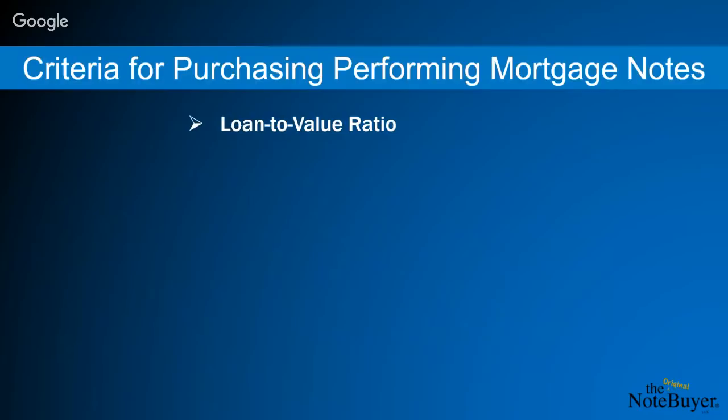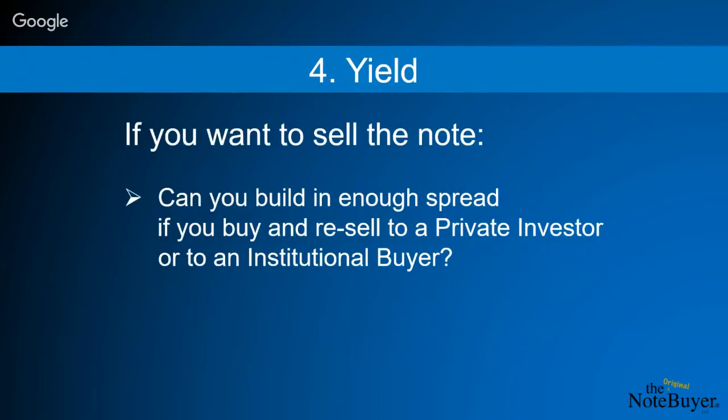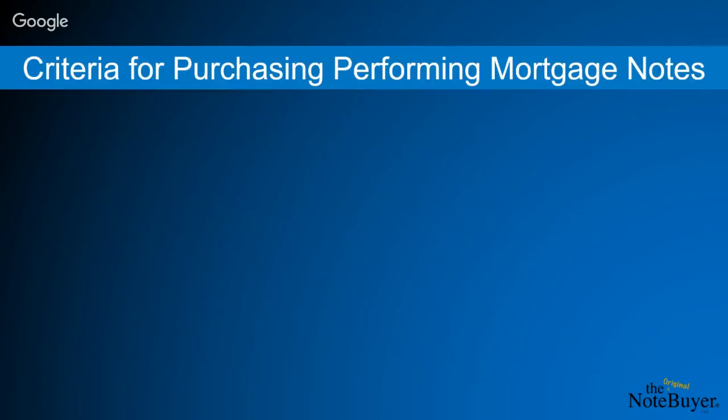And make sure you learn those guidelines, so that when you're looking at a note, if it's secured by a single family owner occupied house, the loan balance is not more than 80%. Okay. I want to go to these criteria.